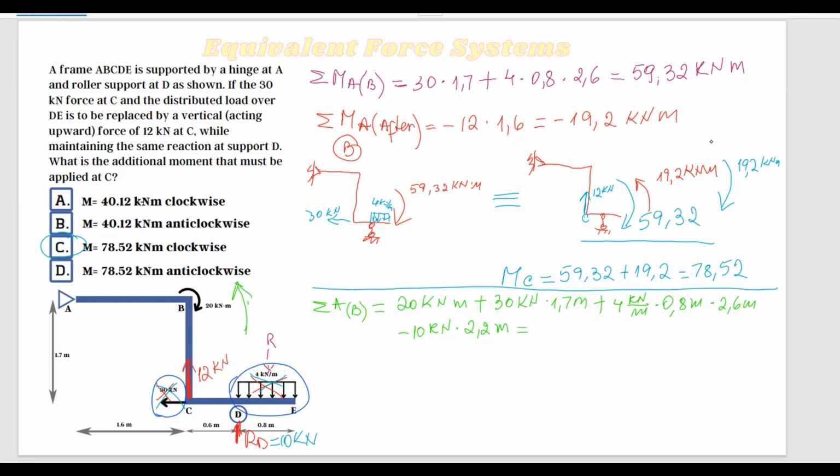So now let's calculate that. I'm going to have 20 kilonewton meters plus 30 kilonewtons multiplied by 1.7 plus 4 multiplied by 0.8 and multiplied by 2.6 and minus 10 multiplied by 2.2 and equals.